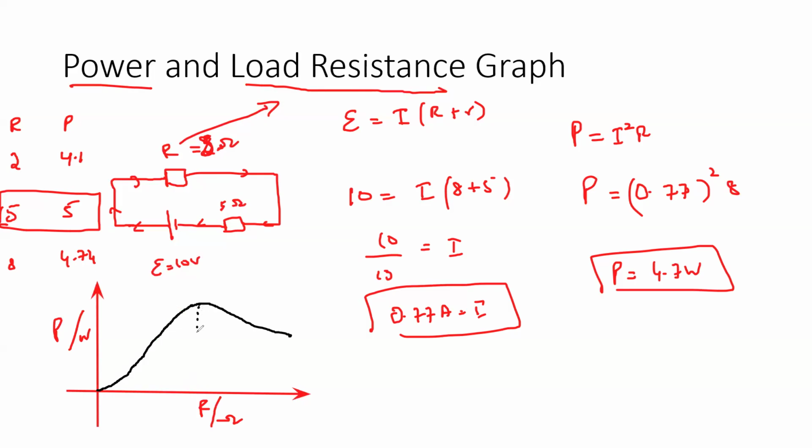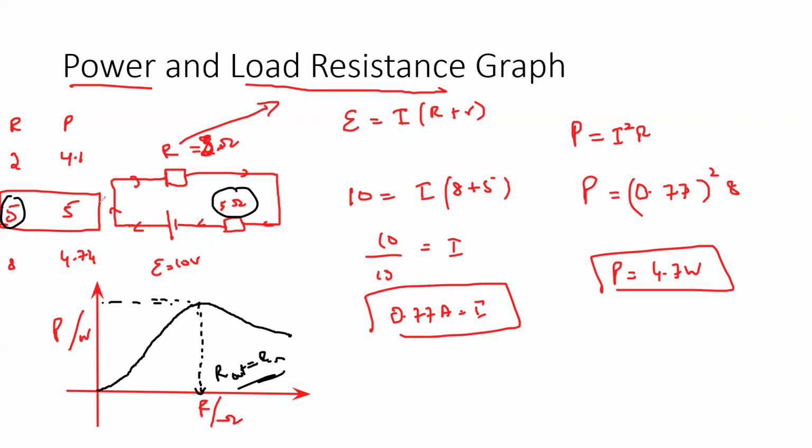What is the value of resistance when we have maximum power? At this point, the resistance which is out is the same as the resistance which is in. Internal resistance was 5 and external resistance is also 5. When the two resistors are the same, at that time we'll have the maximum power output.